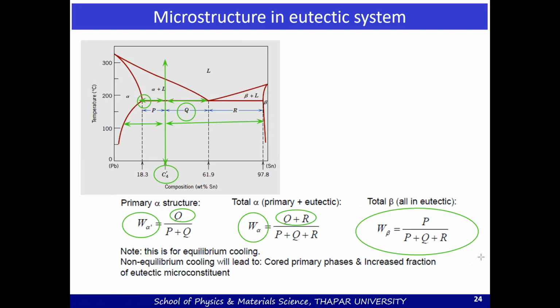And if you are talking about the primary alpha or primary beta, it will be from the point of interest up to the eutectic point. So for the first quantity, we refer only to a distance which is up to the eutectic point, only up to this point. This is going to tell you the primary, and for eutectic, you have to consider the total gap, this one. Is it clear?